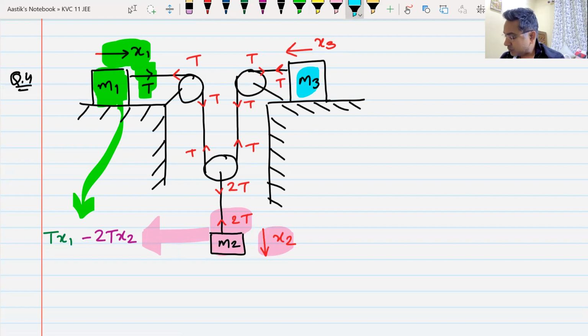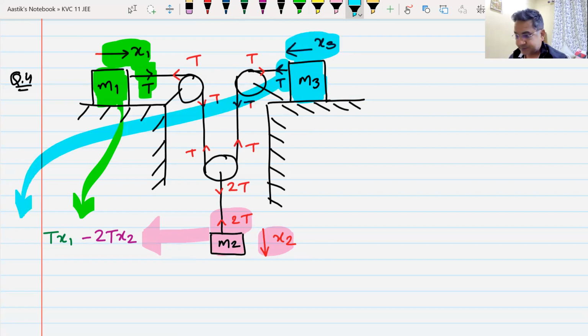Look at our blue block. x3 is forward, T is forward. You can put it here. T into x3 plus T into x1 minus 2T into x2 must be equal to 0.